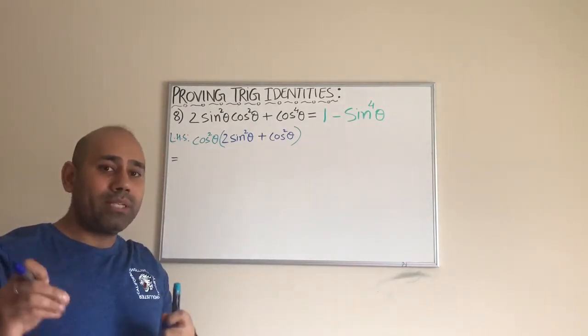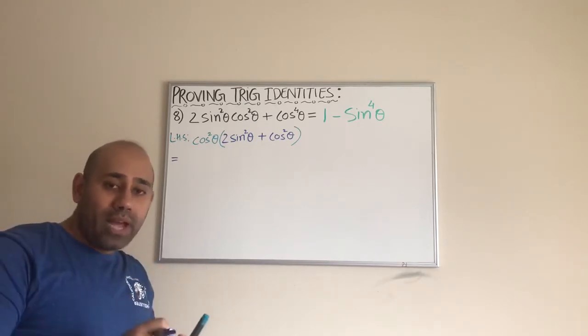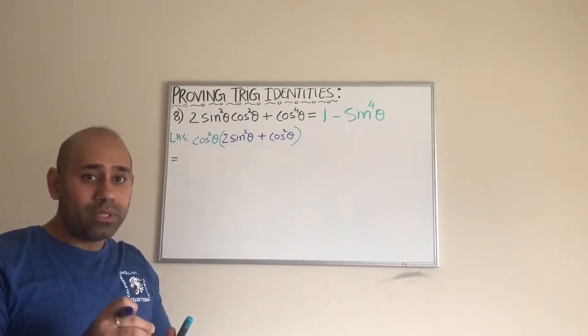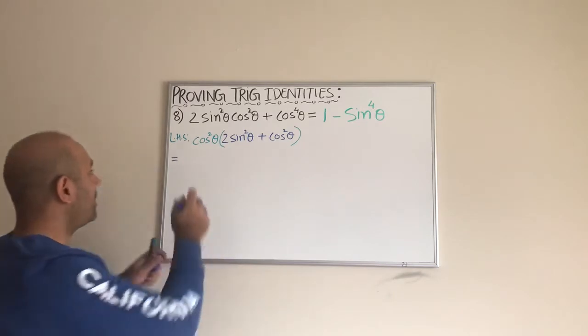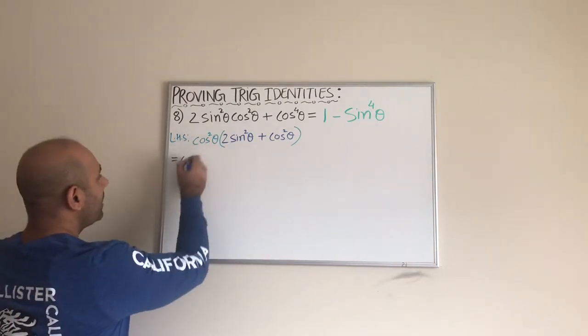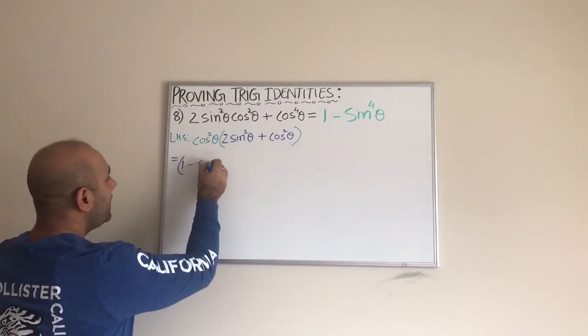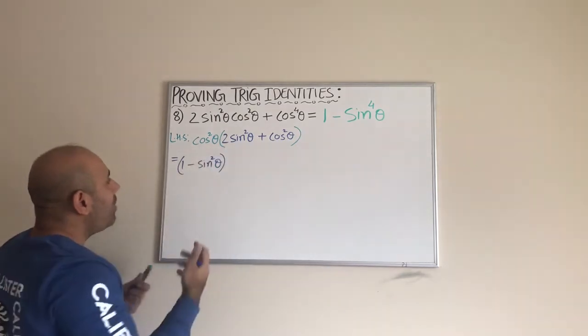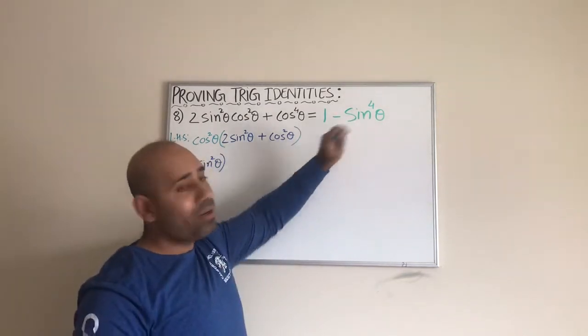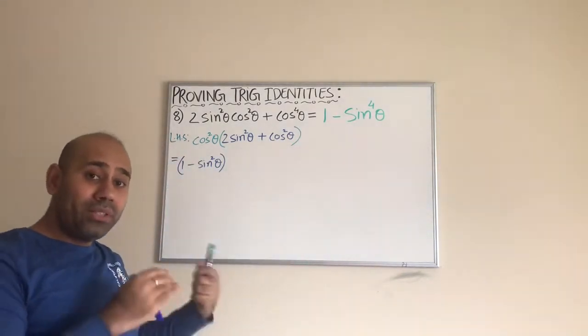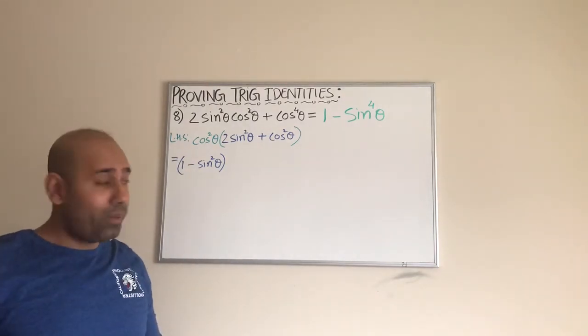Sine square theta plus cosine square theta is 1. So if I have to write cosine square theta in terms of sine, it's 1 minus sine square theta. So I can replace this cosine square theta by 1 minus sine square theta, and we understand why we are doing it, because there's a sine on the right hand side, so we want to write everything on the left hand side in terms of sine, okay?